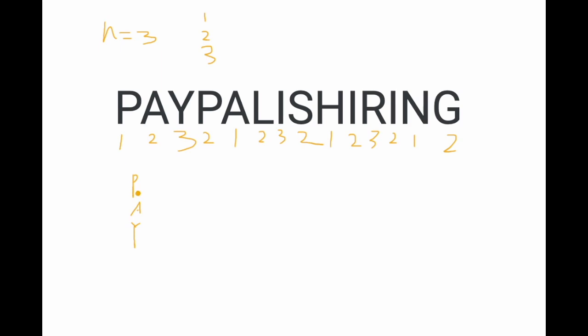So we start with 1, okay? Let's see, P, A, H, N, that's the 1s. Then we need to get the 2s. So A, P, L, S, I, G. It's quite complex too.